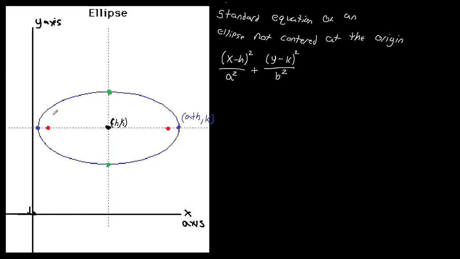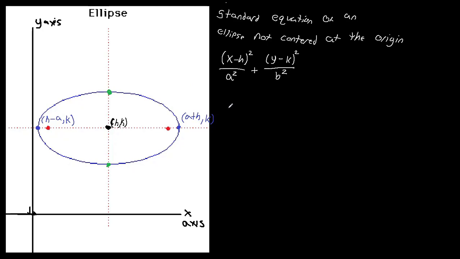Now, to get to this vertex, we have to go h units out and a units back. So in arithmetic, this is now h minus a. And this is still k, the same distance up.